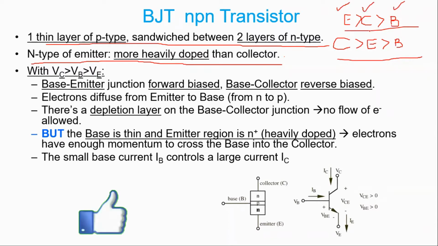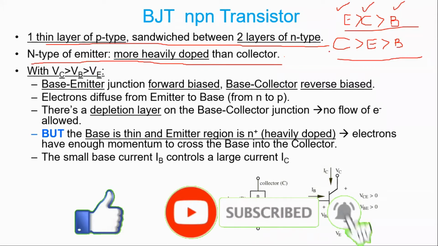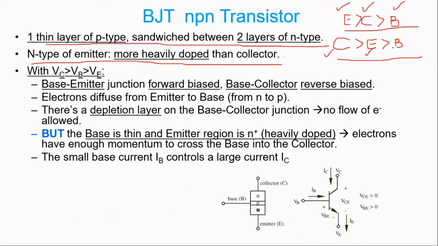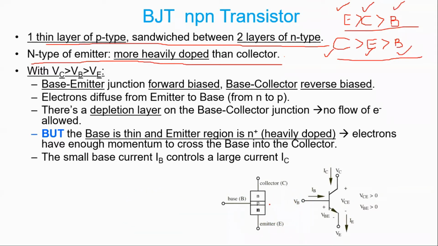And as far as area is concerned, collector has the largest area, emitter intermediate, and base the least area. Why least area? Because less recombination is to be there. Otherwise, whatever is emitted is recombined at the base, so a small amount of recombination is wanted.